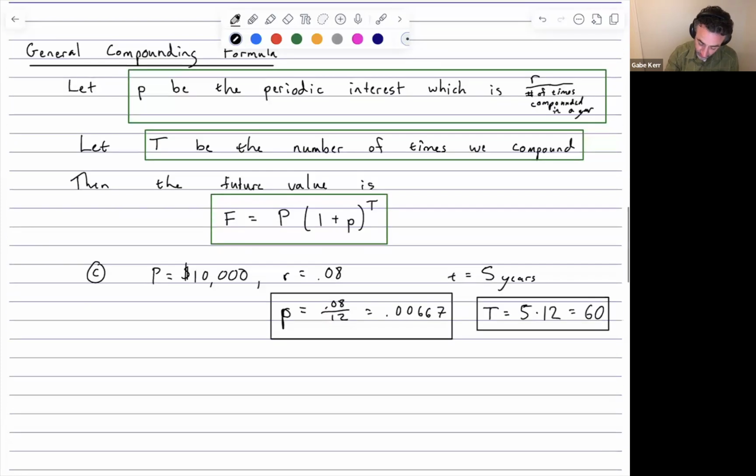So now our future value is given by P, 10,000, times 1 plus 0.00667 to the 60th power.